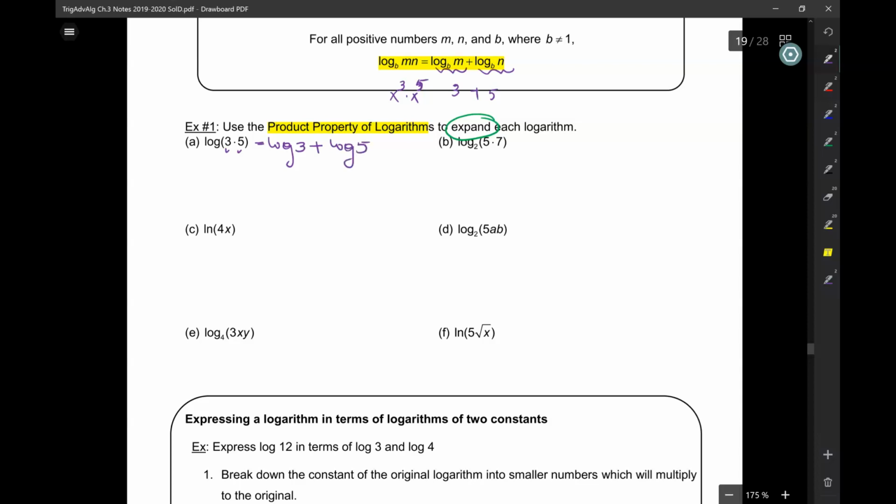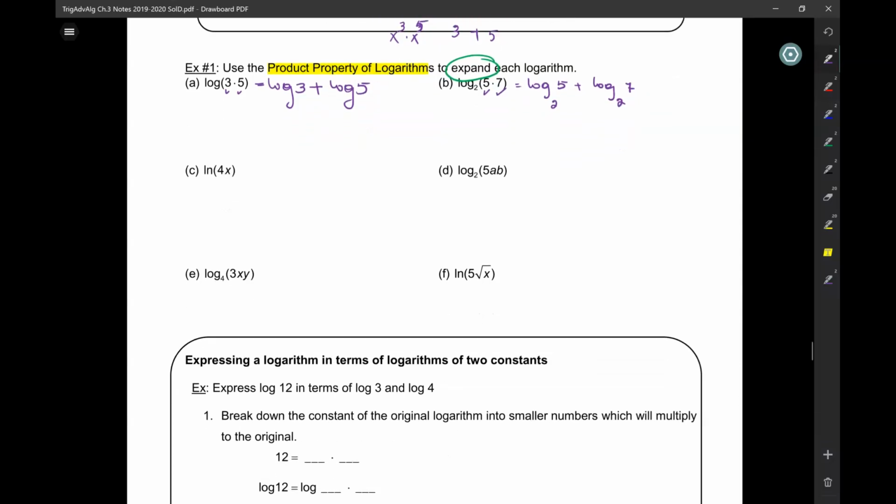Now, there were 2 elements in here, and how many logarithms did I end up with? 2. All right, let's do one more here. How many elements inside? A 5 and a 7, that's 2. So I have log 2 of 5 plus log 2 of 7. All right?